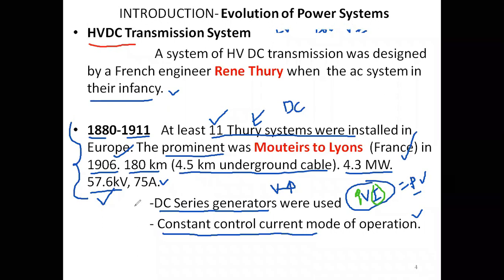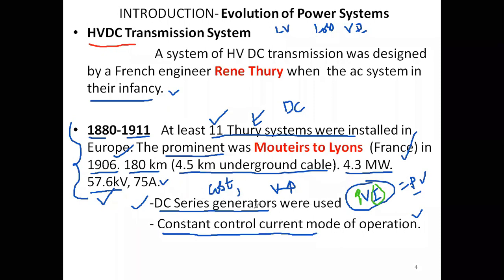But because of these DC series generators, a larger number of them were used. DC series generators were costly, so it became more expensive compared to the AC system. Also, maintenance problems were there. It was very difficult to maintain these DC series generators, and installation problems were there.